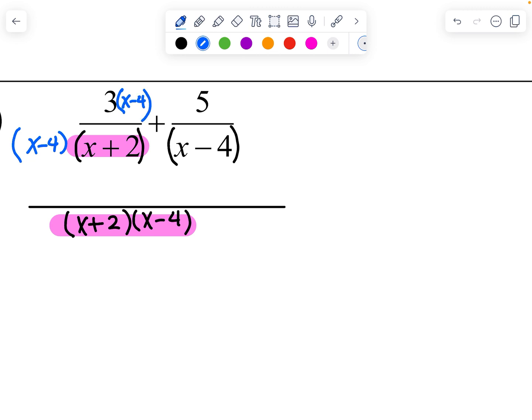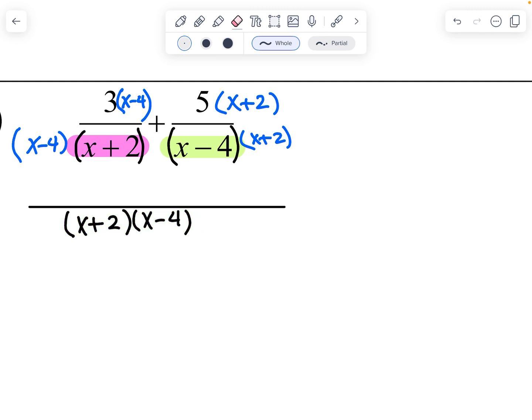That's what it is missing. Okay, next we want this denominator to turn into this denominator. So what does he need? He needs an x plus 2. And what you multiply the denominator by, you have to multiply the numerator by.